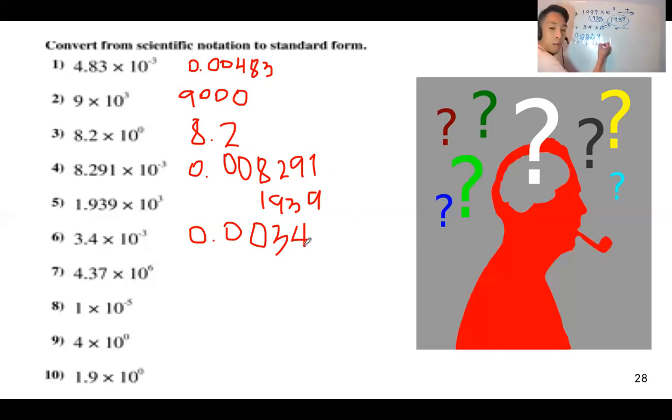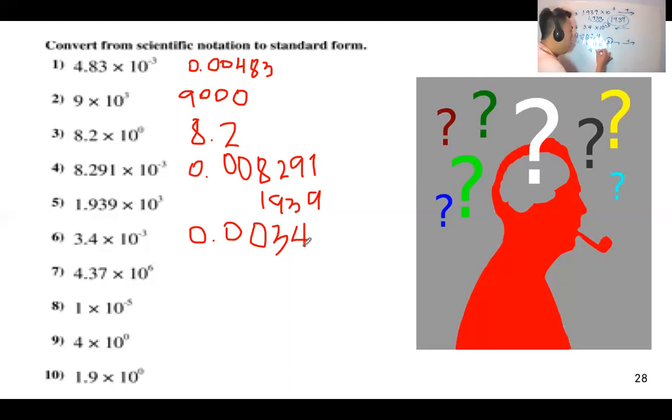Number 7. 4.37 multiplied by 10 raised to 6. Dumadami yung ating mga naka-raise, ha? Raised to 6. So what we will do here is to determine the sign of the exponent. Our sign is positive, so we will go to the right side.